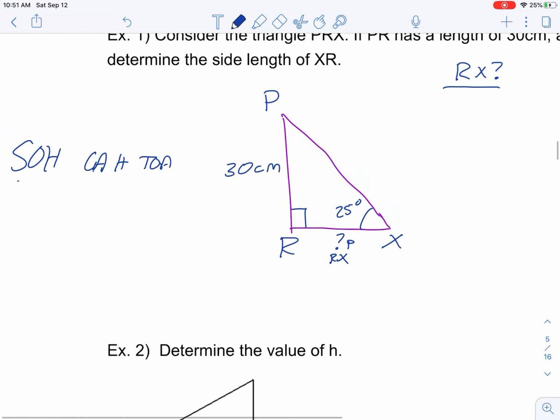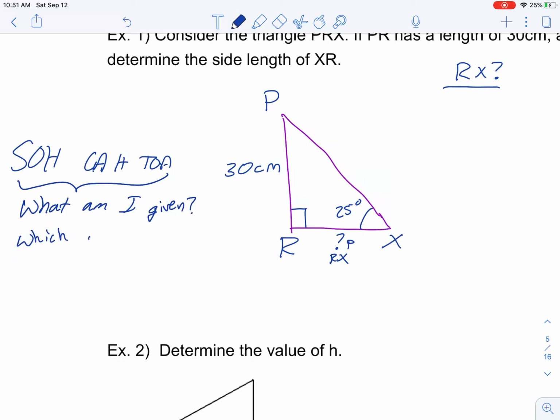You always want to ask yourself, what am I given, and which ratio relates the given values to the unknown values?